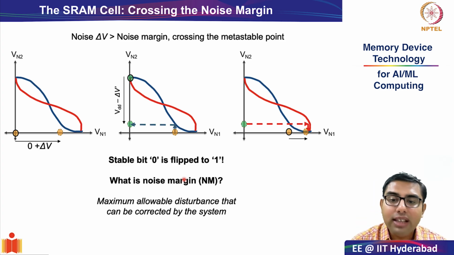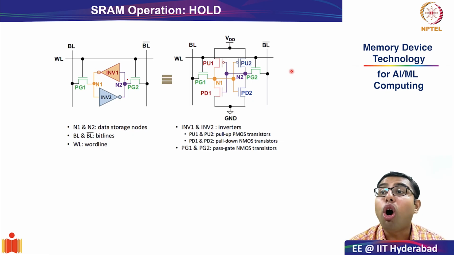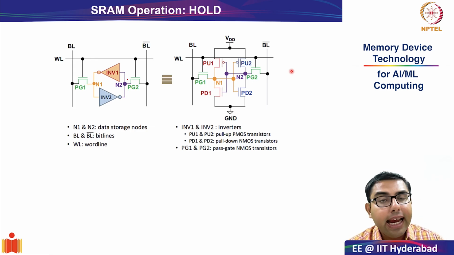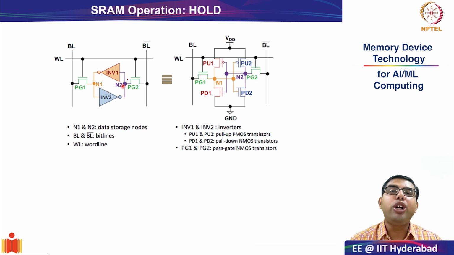Okay. With this, we will discuss the last thing that we want to cover. And with this, we are transitioning to the different operational conditions of the SRAM cell. And the simplest operation condition is that of hold. In hold condition, whatever the stable values on N1 and N2 are, you just want to hold it or you want to protect it.